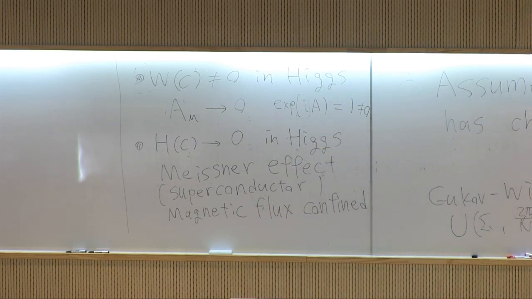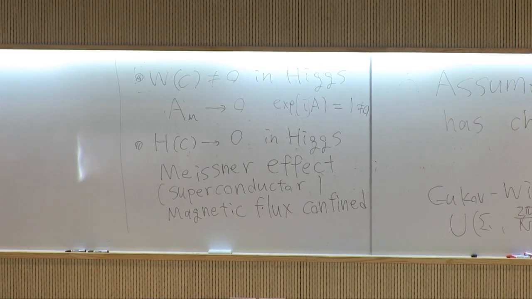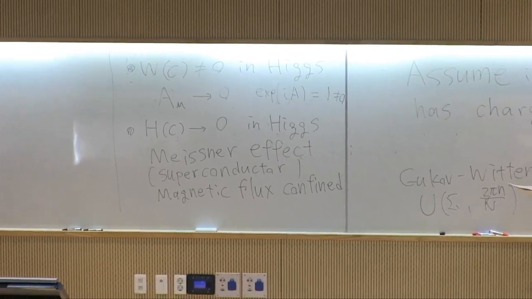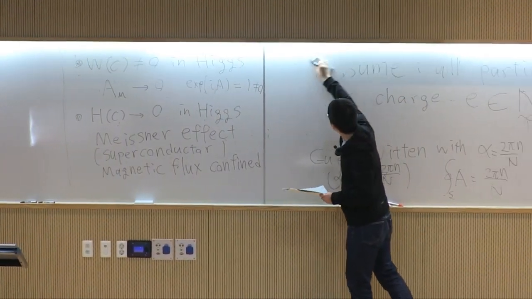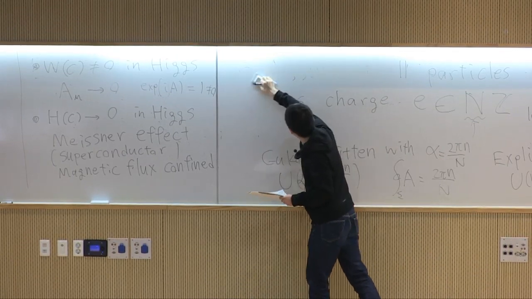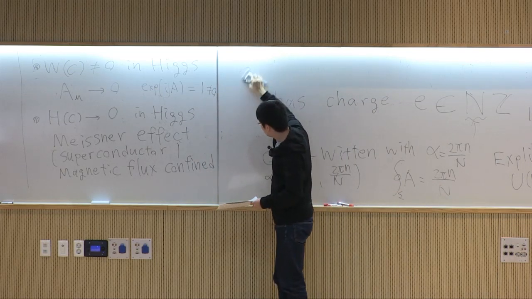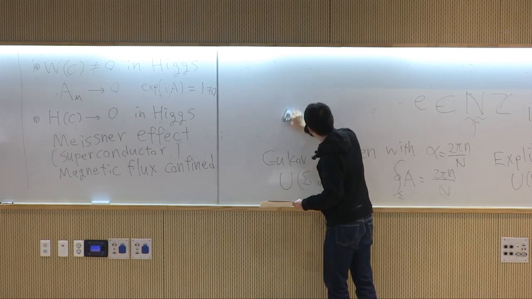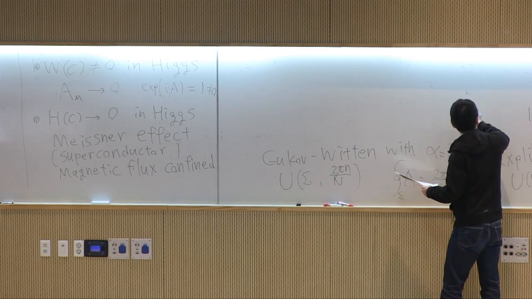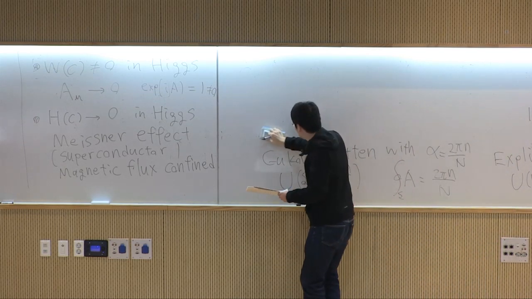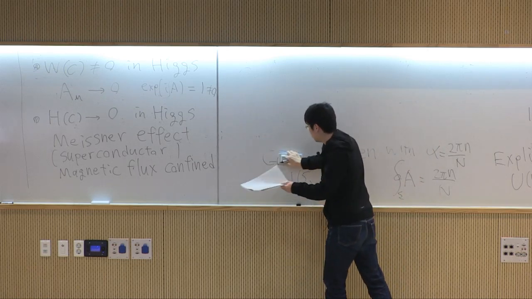I think some of you have seen that if we put superconducting material in a magnetic field, then that material is kind of repelled. That corresponds to confinement of magnetic flux. I don't explain the detail, but this is a very well-known phenomenon.